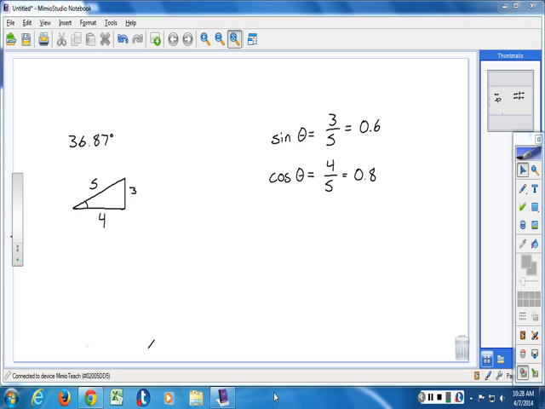So cosine of 0 degrees says that for every distance we go out in the radius, that's the same distance the x is going to go out. A one-to-one ratio, which 1 divided by 1 simplifies to 1. So if we plugged in cosine of 0, what would we get? 0? 1.